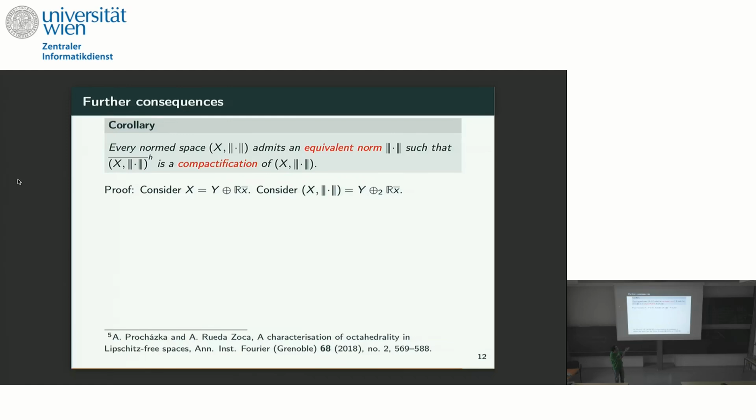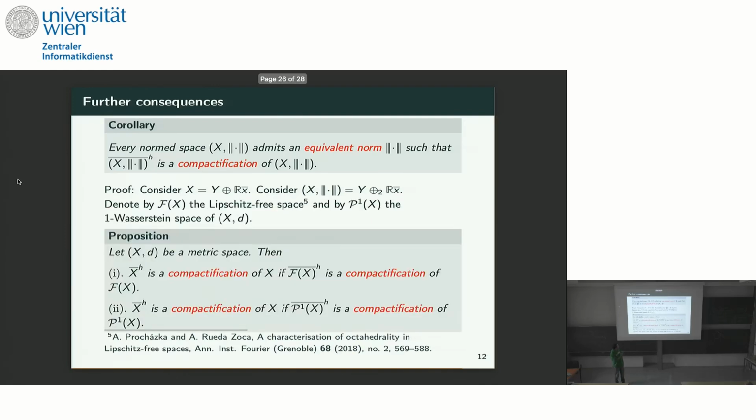Well, if it's finite dimensional, it's clear because it was known even before our work. But now, if it's infinite dimensional, we can always decompose the space as Y direct sum with a line. And we consider the equivalent norm, the two-sum of the two spaces.